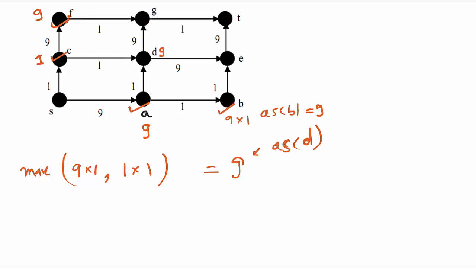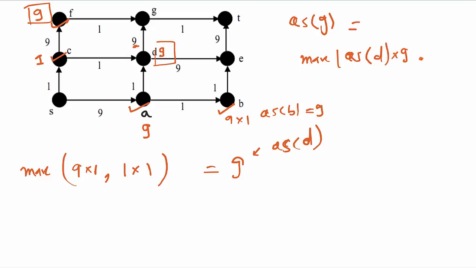There are two paths, one coming from F and one coming from D. I do not need to calculate all the paths from S to G. I just have the quality scores of D and F, and I can reuse them. So the quality score of G will be the maximum of the quality score of D into this edge weight, which is 9, comma, the quality score of F into this edge weight, which is 1.